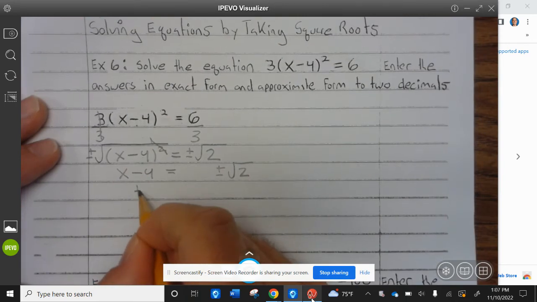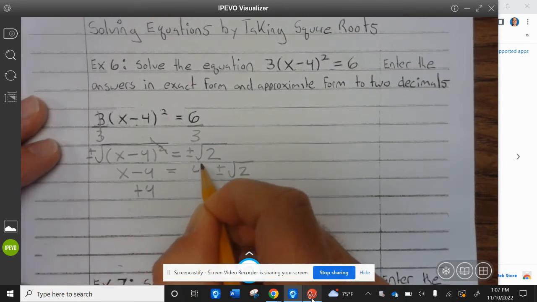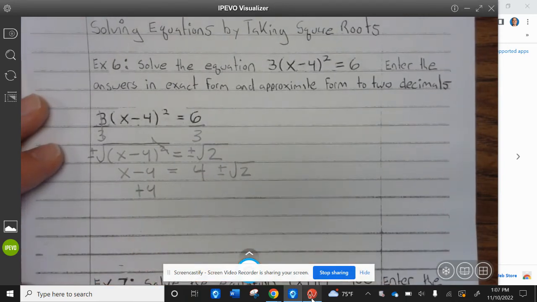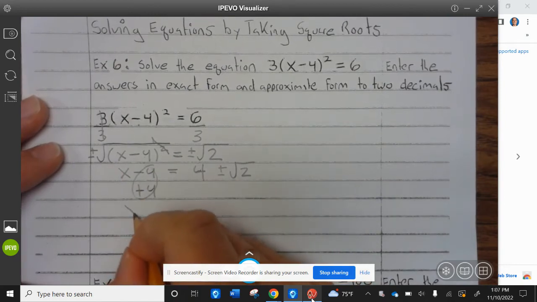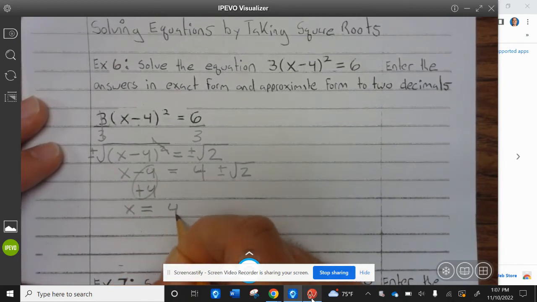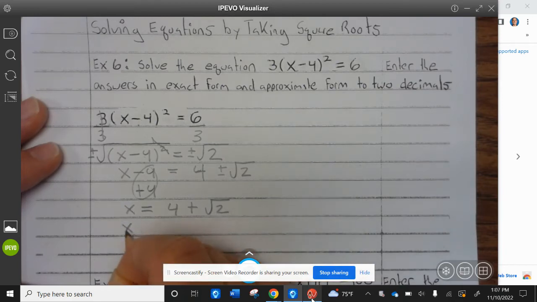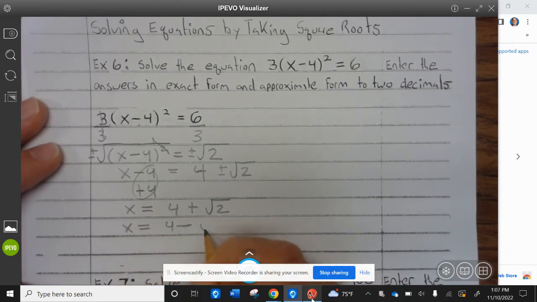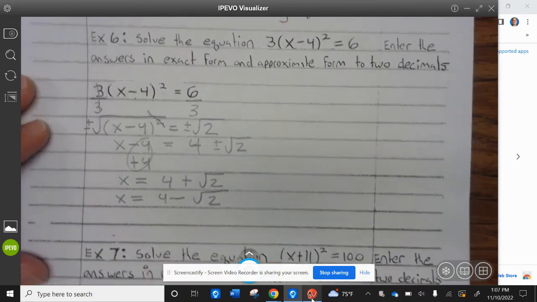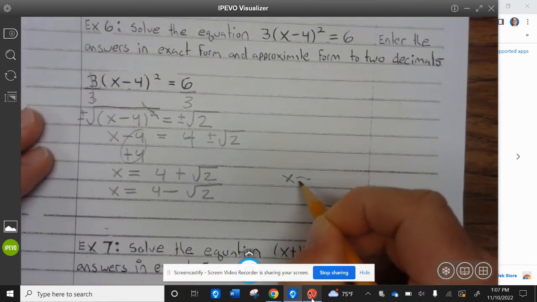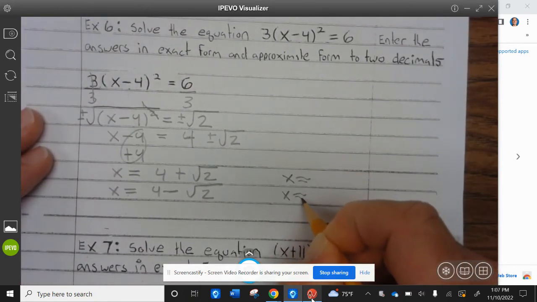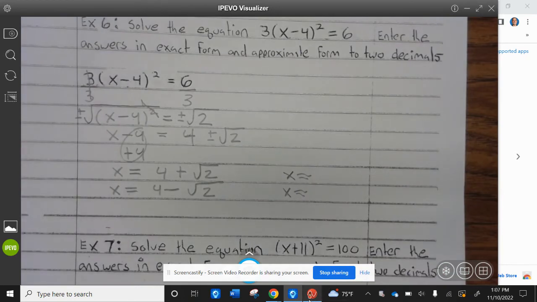Okay, we're going to add 4 to both sides. So this becomes 0. You get x equals 4 plus the square root of 2, and x equals 4 minus the square root of 2. Now let's get the approximate. So we're going to use our calculator.